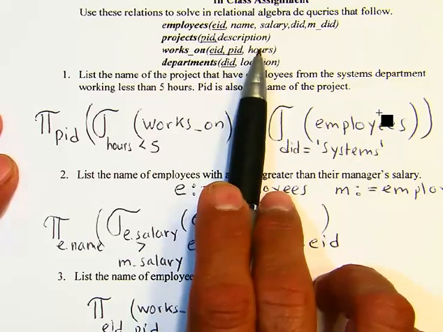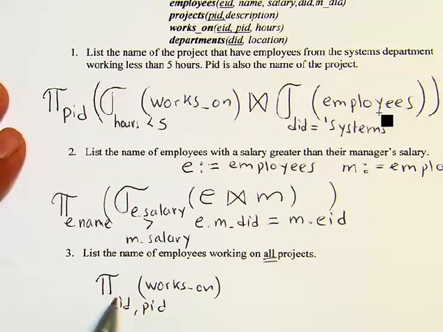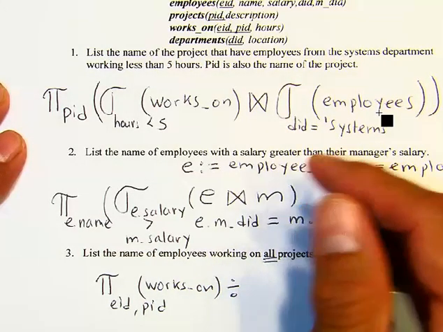We don't want that, right? So we need to take that away, so it only leaves employees working on all projects. The attributes need to be constant, otherwise it will be employees with the same hours on all projects. And then here we divide this with projects.